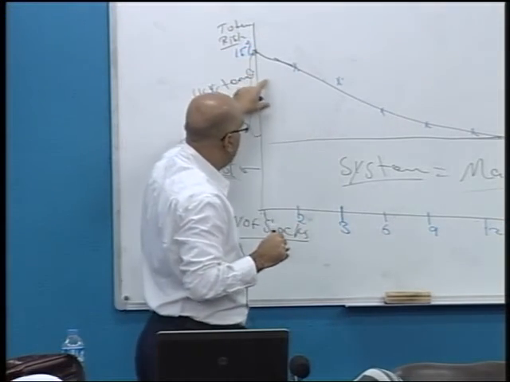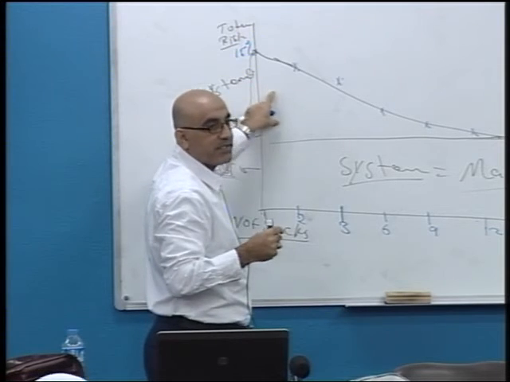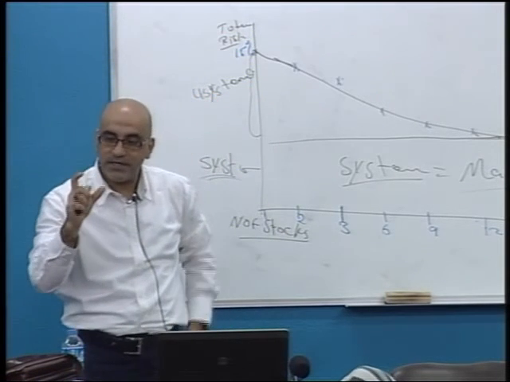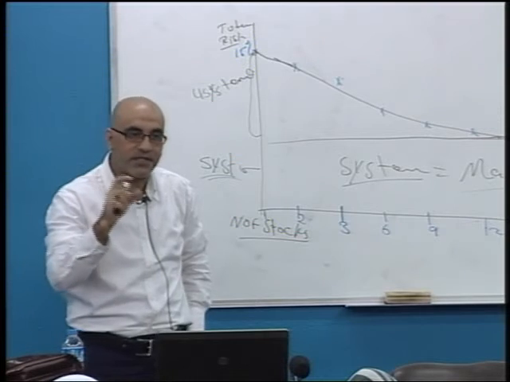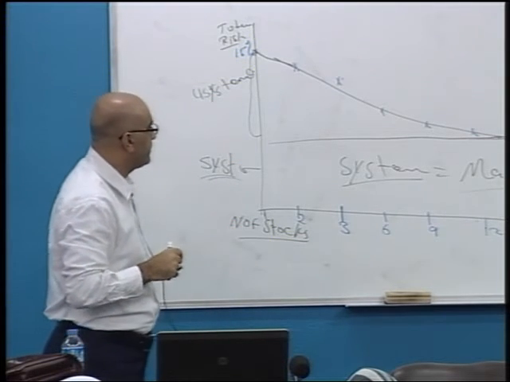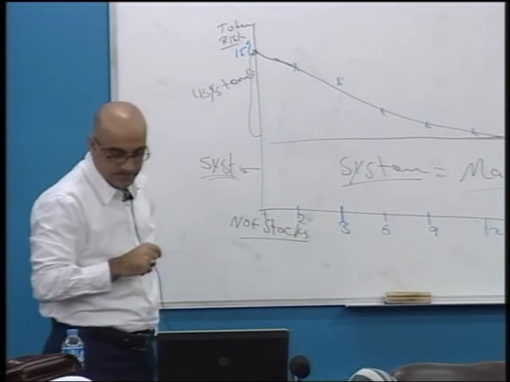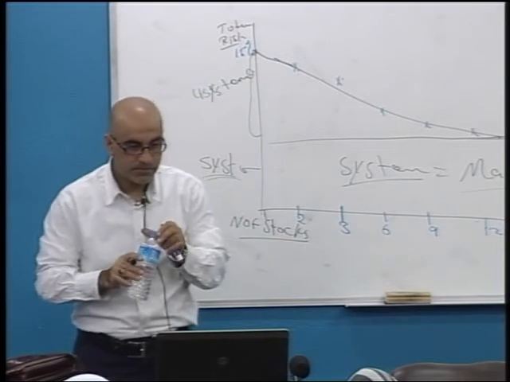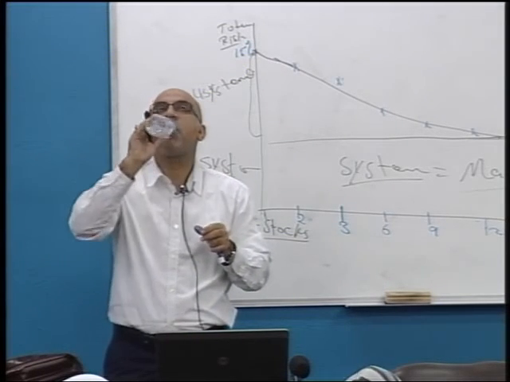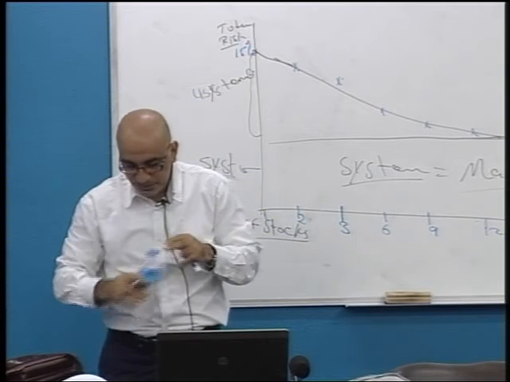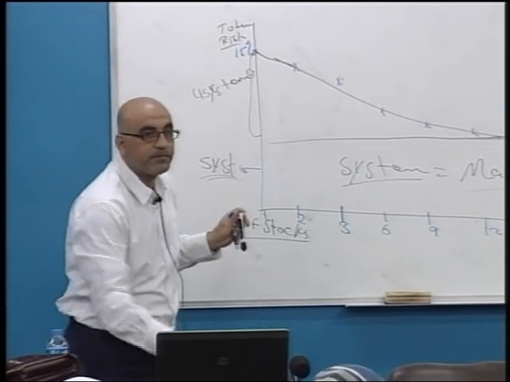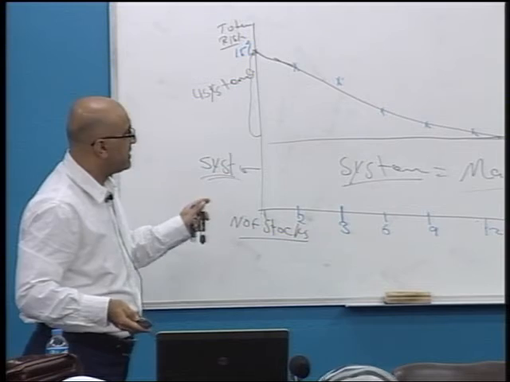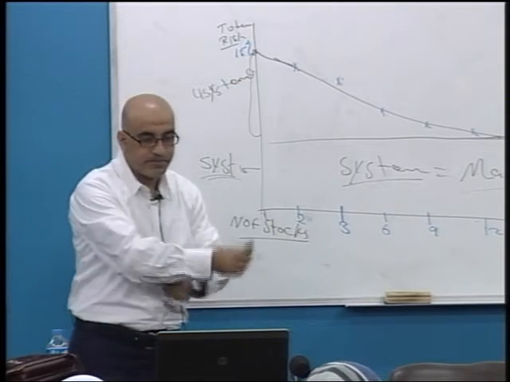But the unsystematic risk holds the risk of the individual stocks. Okay? Any question on the systematic and non-systematic?